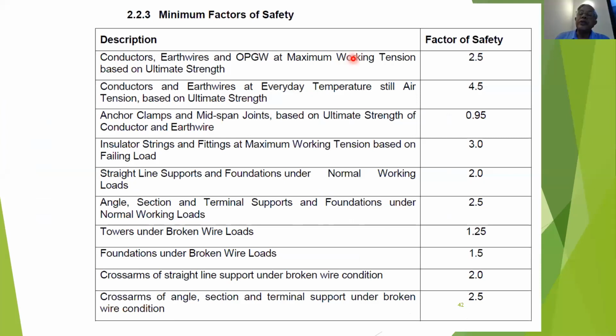Safety factor is 2.5. Saying okay for 32 degrees, that is everyday temperature, the allowable tension is UTS, ultimate tensile strength, over 2.5.